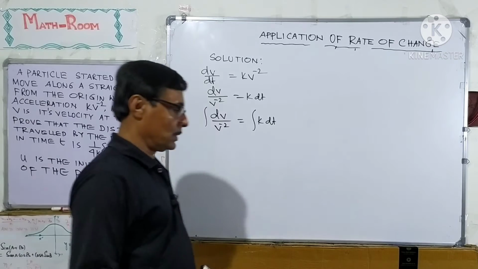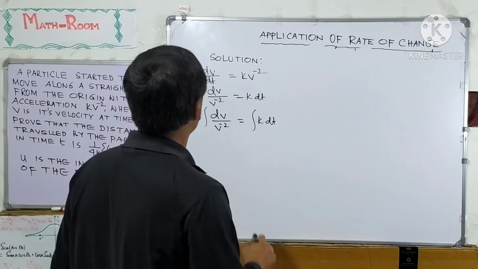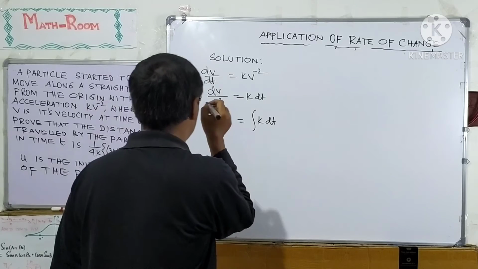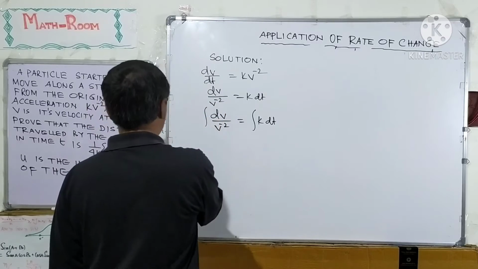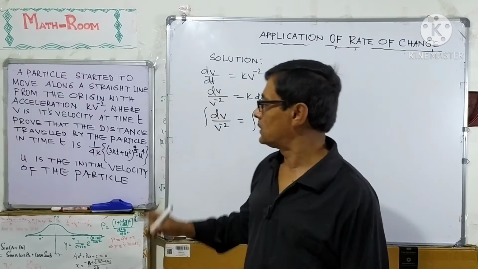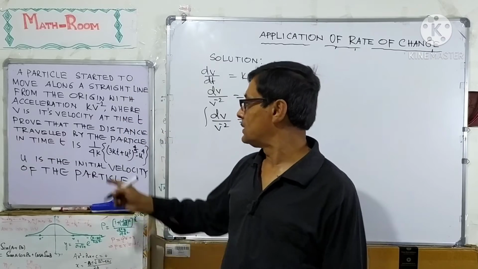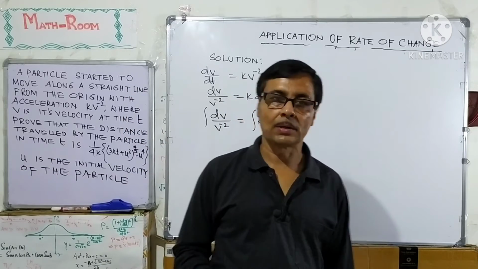So, we can take the limits of these two integrals. At first we take the limit of v: the initial value of v, that is the initial velocity, is u.